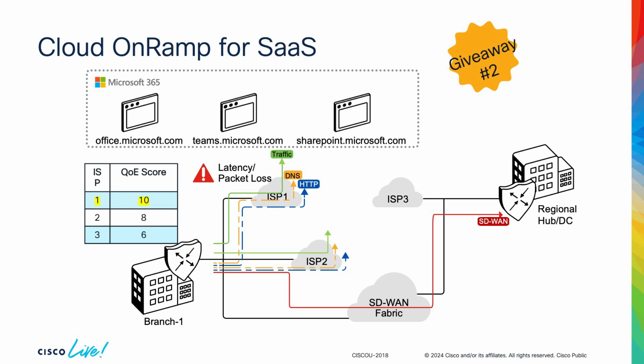With Cloud OnRamp for SaaS, what makes it interesting and different than just normal IPsec, which is the main question here, is that there's going to be a bunch of messages which give you a specific quality, to make sure your connection to the cloud is stable and has better resiliency. And if there is any interruption in that tunnel towards the cloud, there's always going to be a backup route for you to get connected to those different applications.